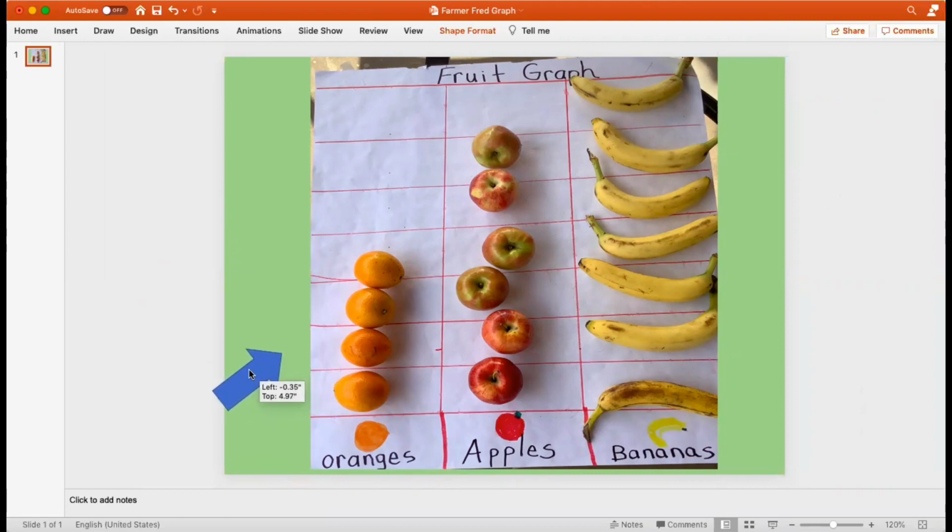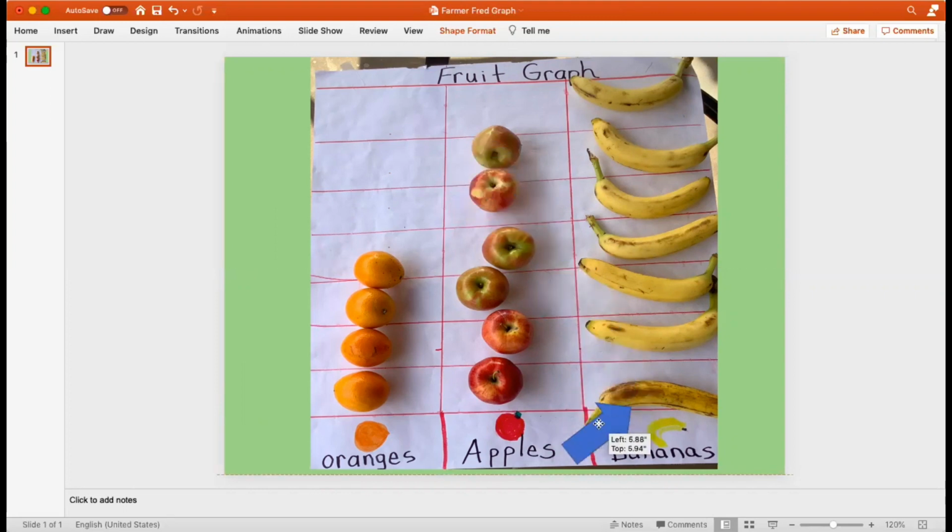Now that the fruit I collected is organized on a graph, I'm able to look at the graph and answer my questions. And there are some things I noticed right away. I'm able to compare the amount of bananas to the amount of apples.